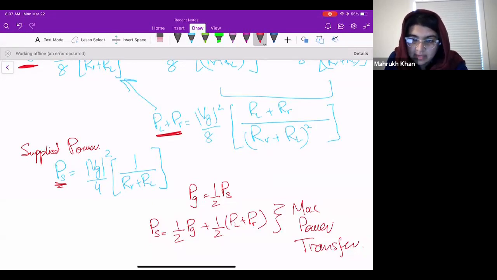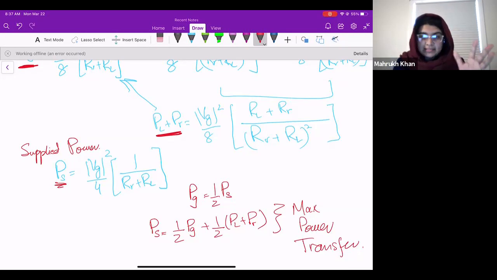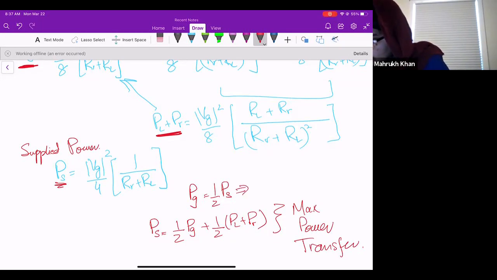But I'm saying that PS is equal to, you are right, it's 2 into PG. Yes, I should write it like that. PS is equal to 2 into PG.